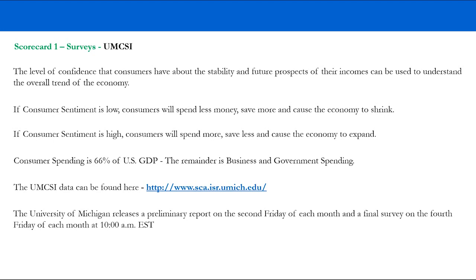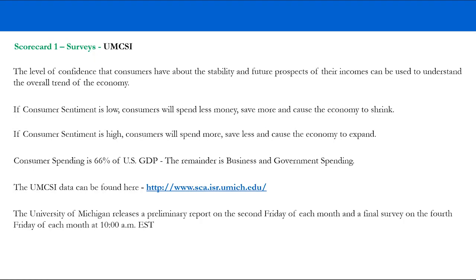Therefore, they don't mind spending money now, they'll spend more. And if their sentiment is low, it means they don't have any confidence in the future and they're spending less, tightening their belts and putting money away for an expected rainy day. So they're predicting the economy to shrink and they spend less now. They're predicting the economy to expand, they spend more now.